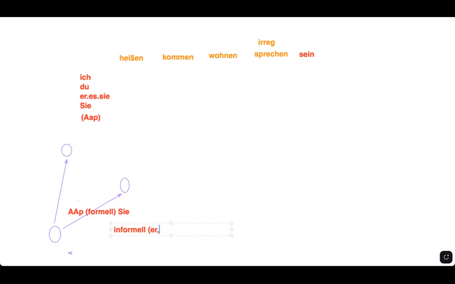If it's a noun that is "das", which is neutrum gender, then es. And sie will be female. So if it's a female, it's she. If it's a male, he is he. And this is it. All right.